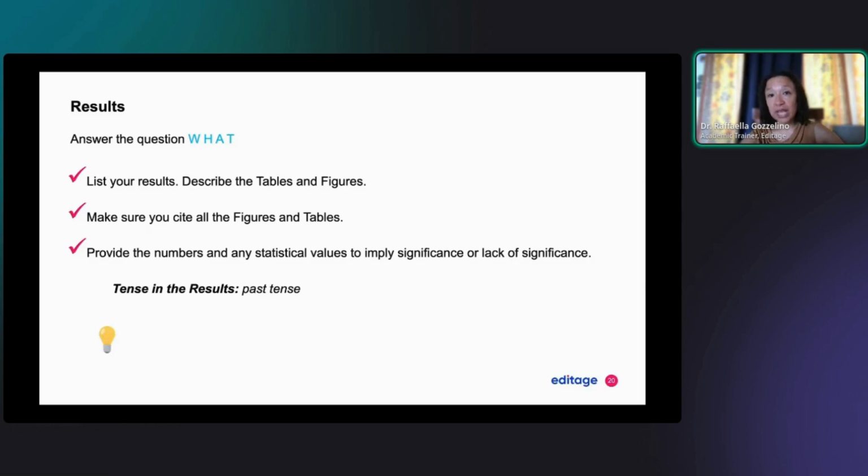Do not forget that. You can put the p-value on the graph itself or in the legend, or put a star, for instance, in the graph, or 2 or 3 according to the significance level of your results. The tense in the results section is past tense.